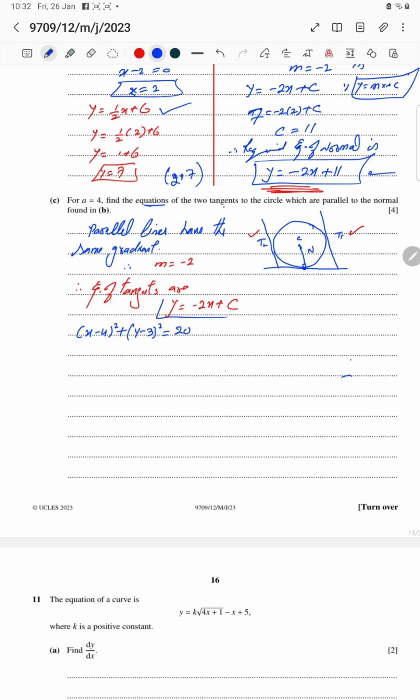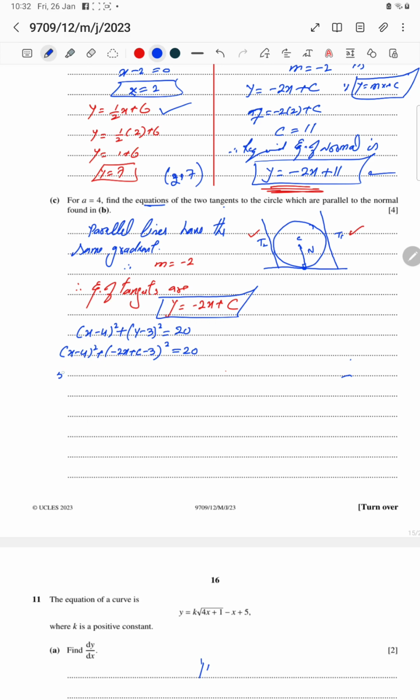For y, I will put this one, because I'm looking for the two values of c. So x minus 4 whole square plus y, which is minus 2x plus c, minus 3 whole square equal to 20. Now I will expand it and further simplify.